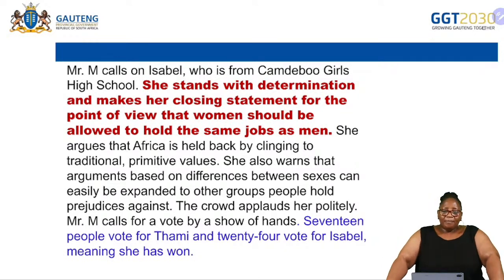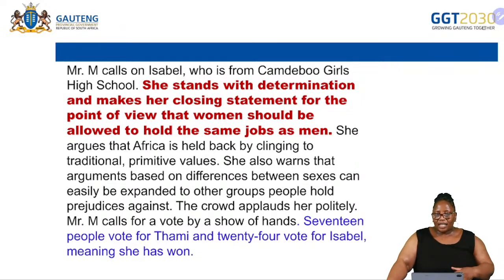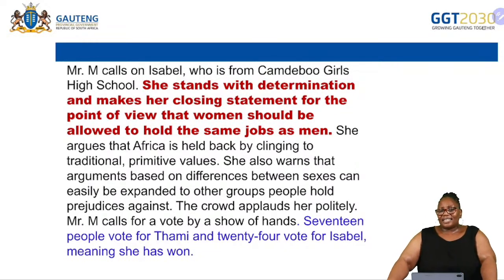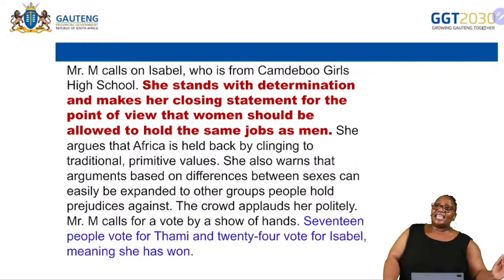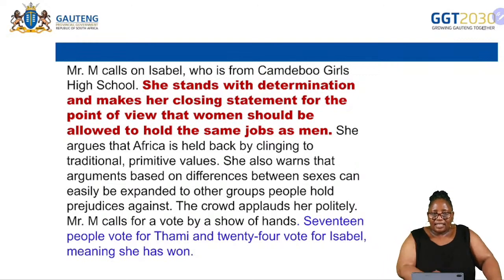What happened here? Mr. M calls on Isabel, who is from Kamdebu High School. She stands with determination and makes her closing statement for the point of view that women should be allowed to hold the same jobs as men. I hope you agree with that. She furthermore argues that Africa is held back by clinging to traditional and primitive values.